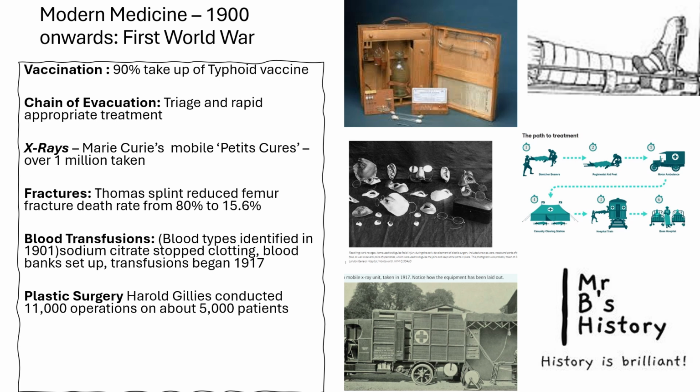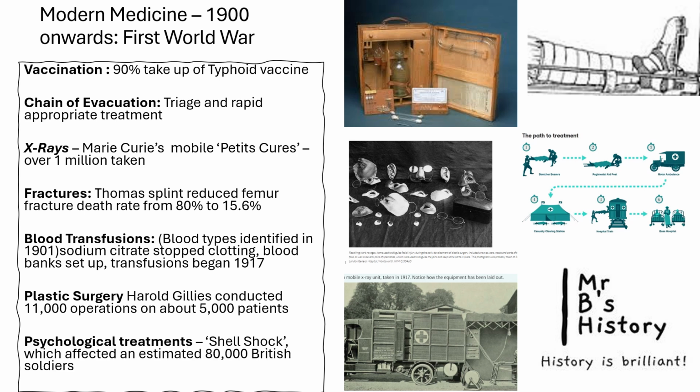And here comes one of the unsung heroes, or until recently he's just had a book written about him. Harold Gillies conducted 11,000 operations on about 5,000 patients, where he reconstructed people's faces. Where a shell or piece of shrapnel had left a hole in the face, he tried his best to fix it.